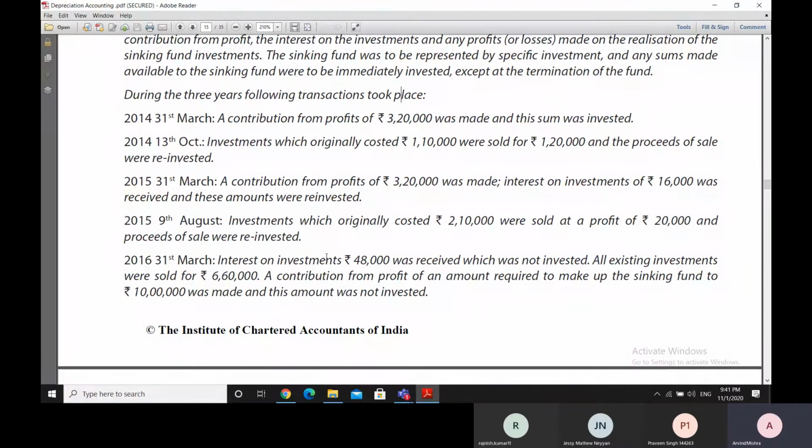It was not invested. All the existing investments which were remaining at that time were sold for 6,60,000 rupees. Then the contribution from the profit of an amount required to make up the sinking fund to 10 lakh was made, because we want the sinking fund to go up to the level of 10 lakh rupees. And this amount was also not invested.